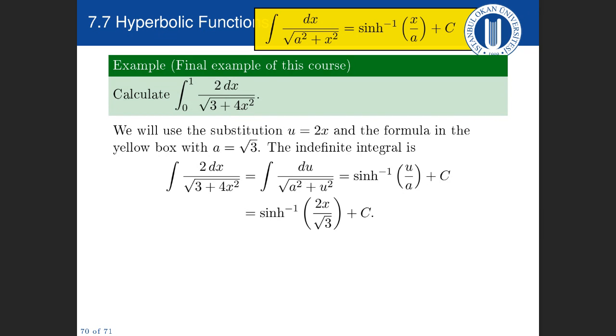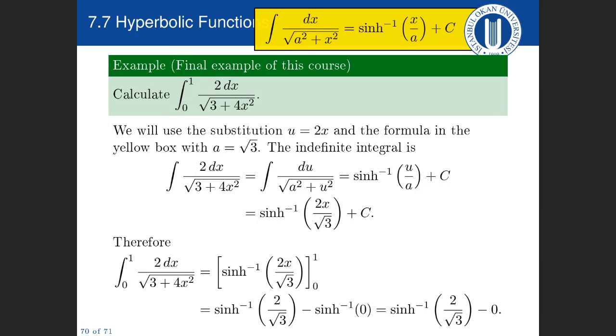The indefinite integral first is the integral of du over the square root of a squared plus u squared. So that's inverse sinh of u over a plus c, or inverse sinh of 2x over root 3 plus c.